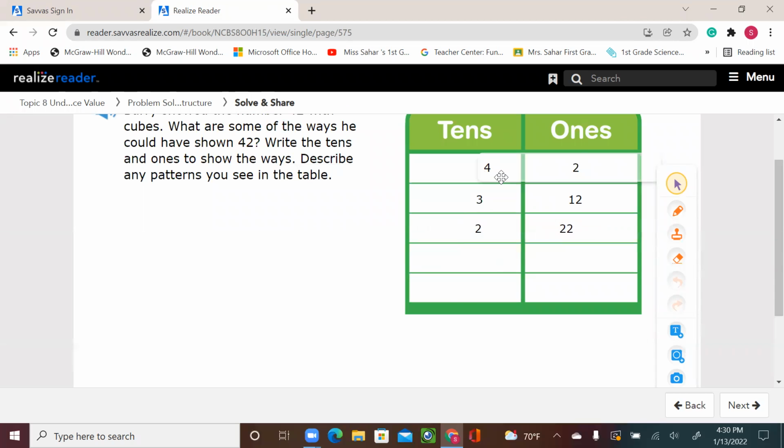Okay, am I done? No, I still have more chances. I have 2 more ways to do. Take 1 more ten from the tens I have. So my tens will be 1 ten left. And then I'm going to add to the ones column the ten that I just moved. So that will be 32. Awesome.